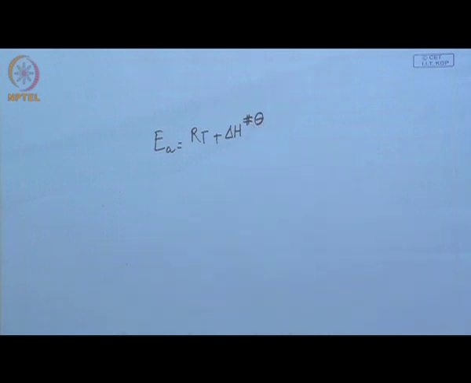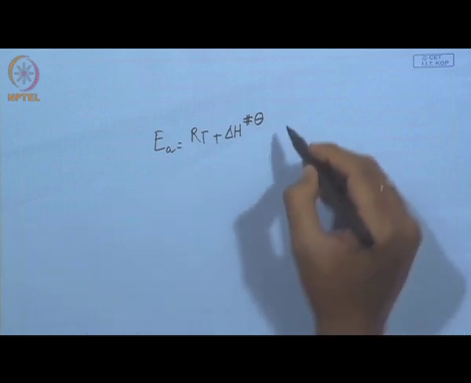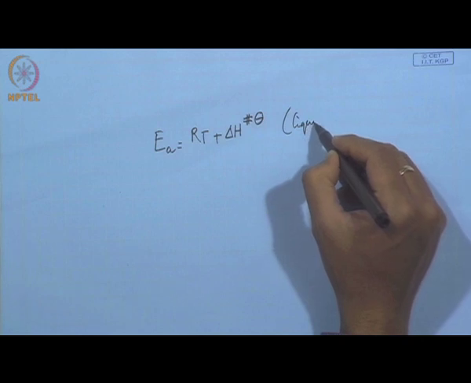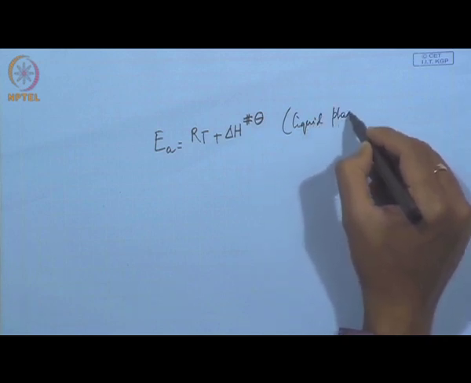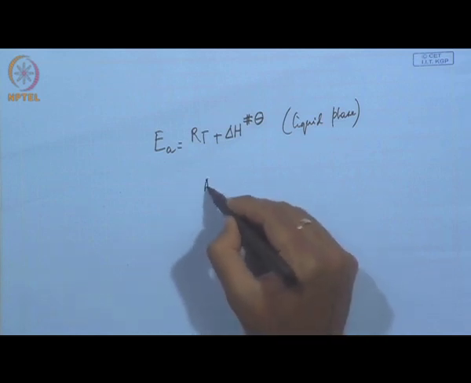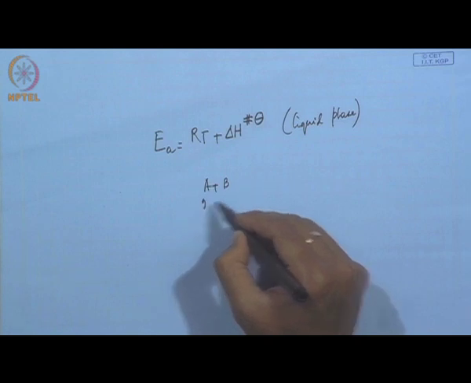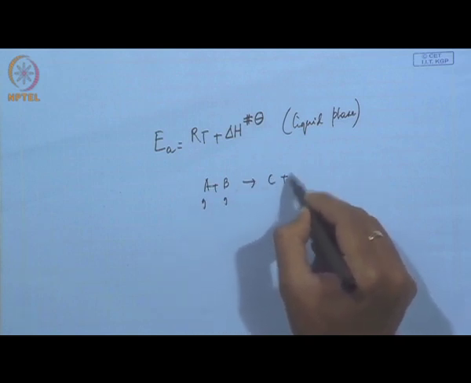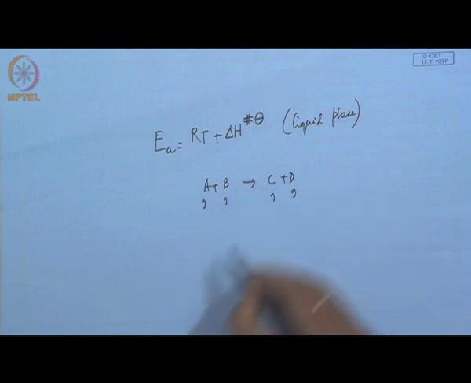This is for the liquid phase. Next, what happens for a gaseous reaction? That is, the reaction where on the left hand side A plus B, all are gas, giving rise to C plus D, all are gas. Okay. So, what is the situation? For that we have to apply the ideal gas principle.